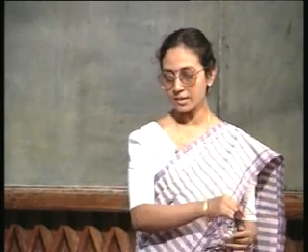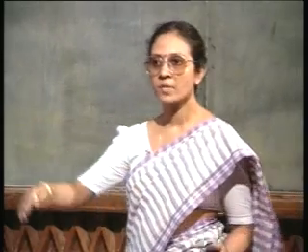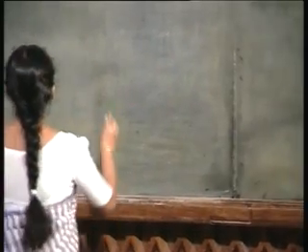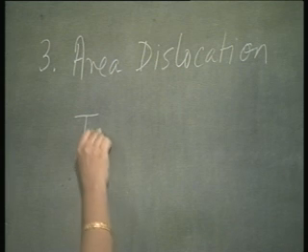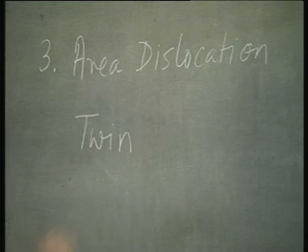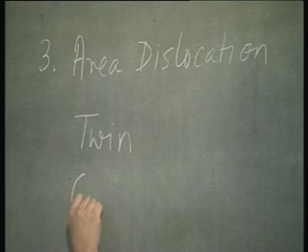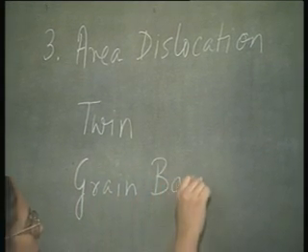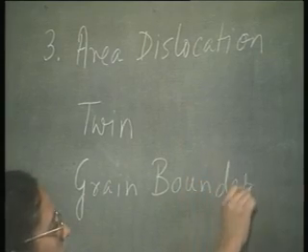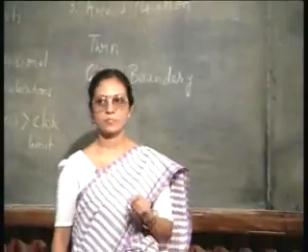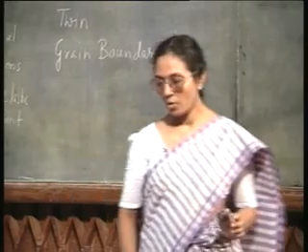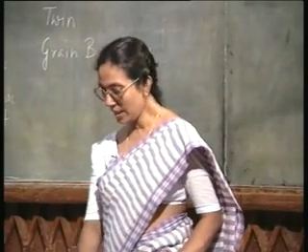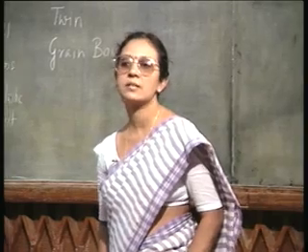As the name itself suggests, area dislocation is a 2-dimensional defect. Two very common area dislocations, one is called twin and the other is called grain boundary. Twinning is actually a change in the crystal orientation.